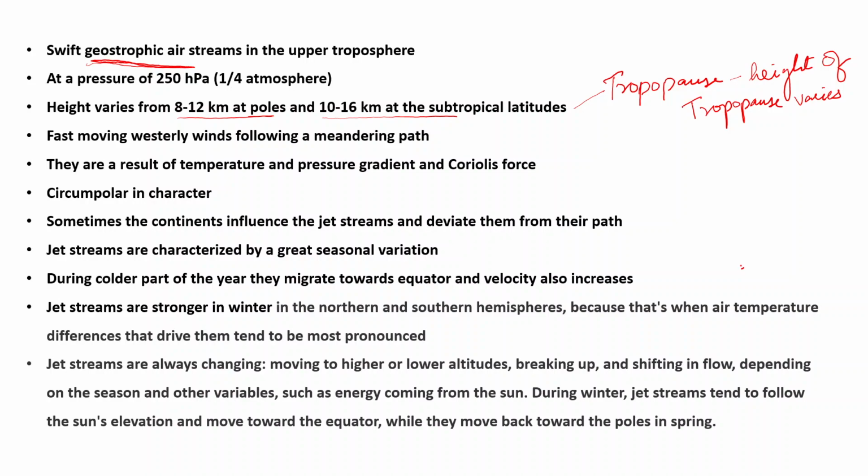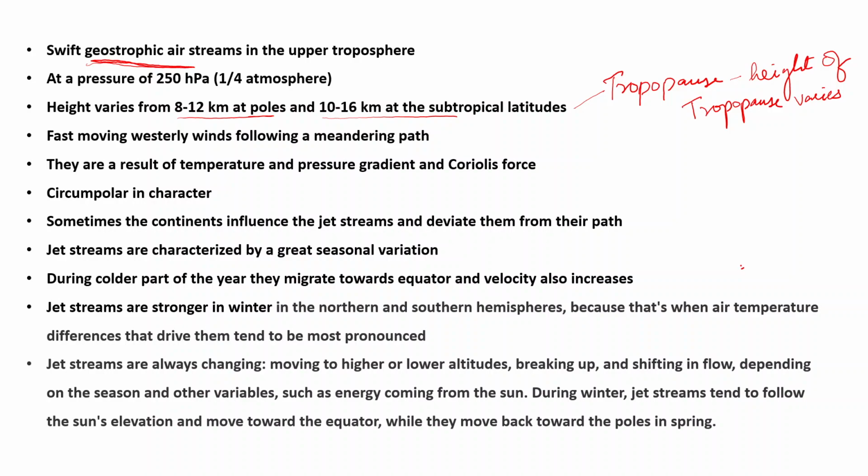So at the poles, the tropopause is at a lower height in relation to the height of the tropopause at the equator. Therefore, the jet streams are lower in height at the poles while they are higher in height at the subtropical or lower latitudes.